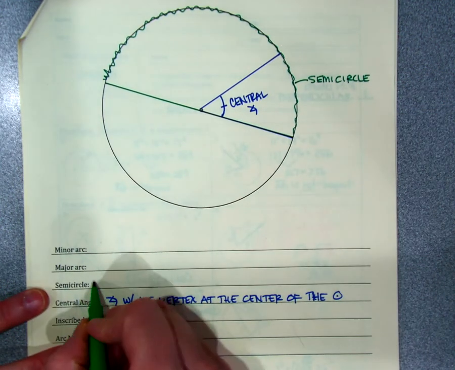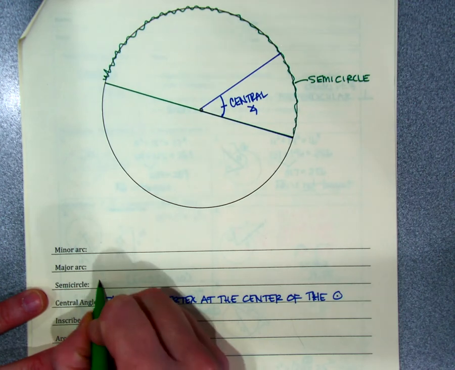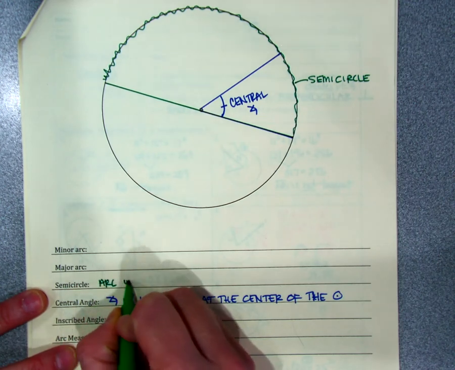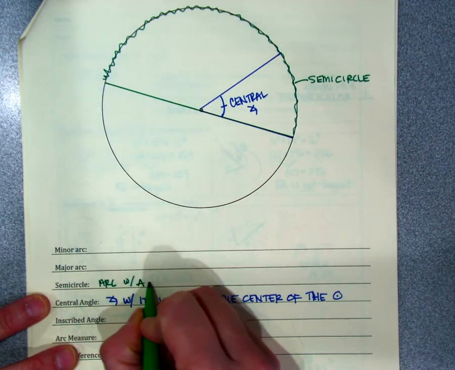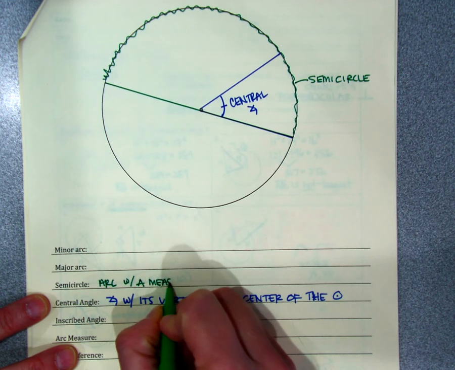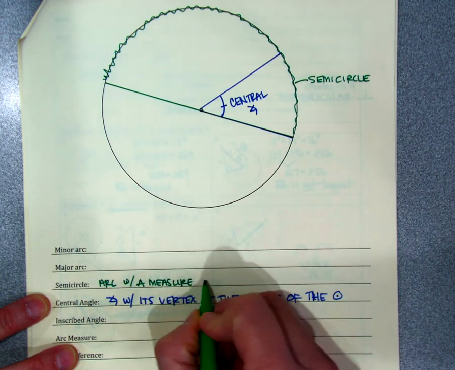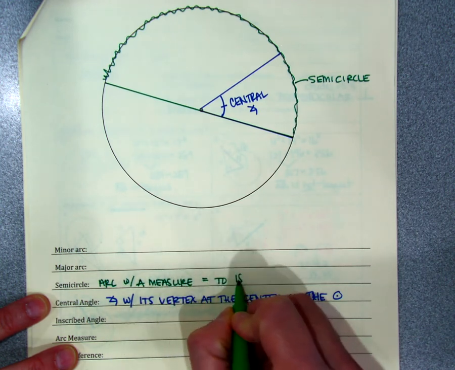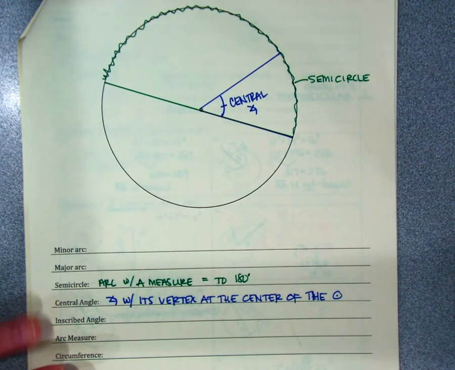So a semicircle is an arc with a measure equal to 180 degrees.